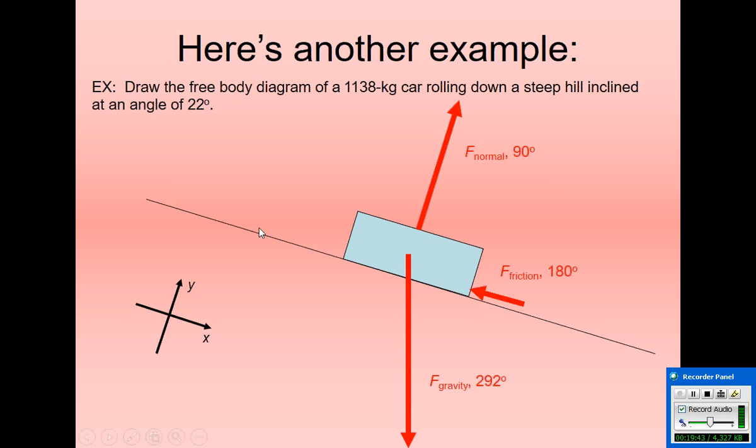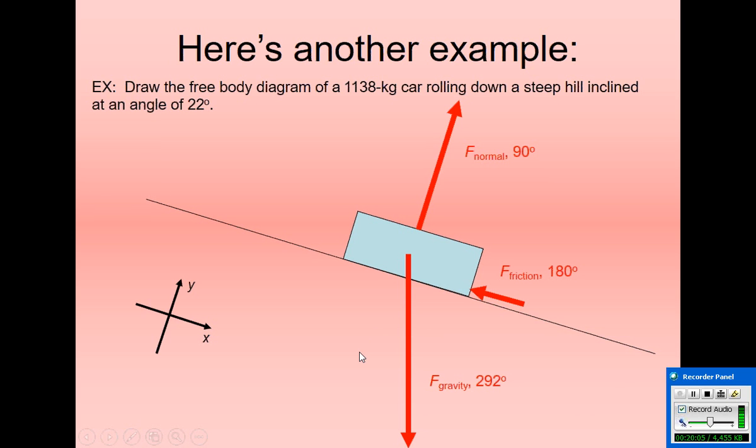Same angle. So consider the x-axis is 0 degrees, the y-axis is 90 degrees, the negative x-axis is 180 degrees, the negative y-axis is 270 degrees, but then I have to go an additional 22 degrees to get to straight down.